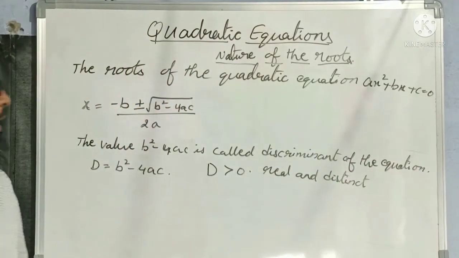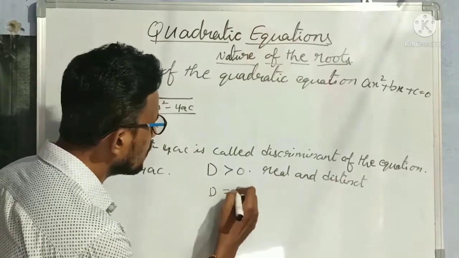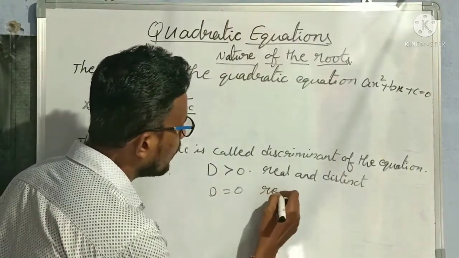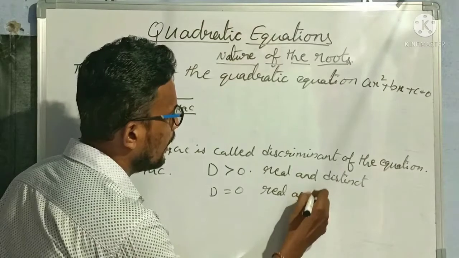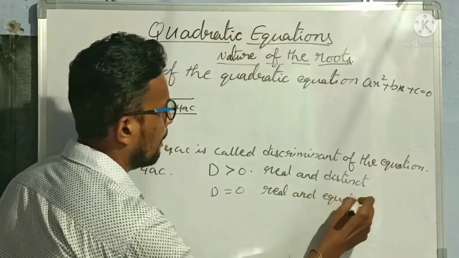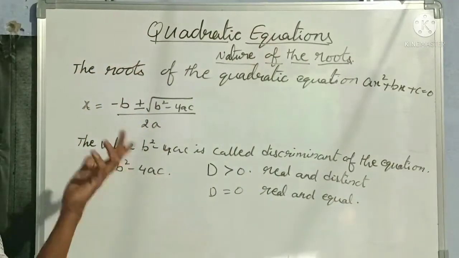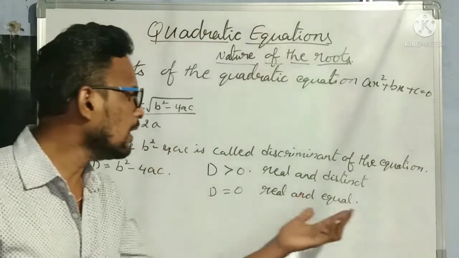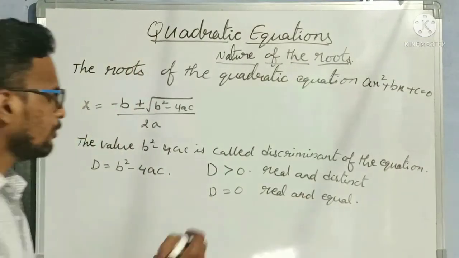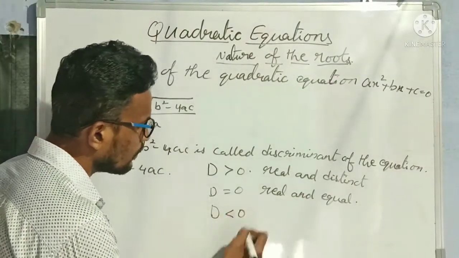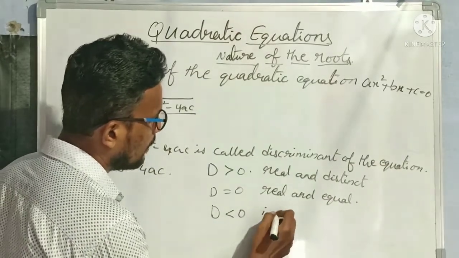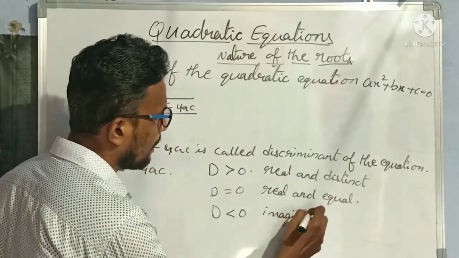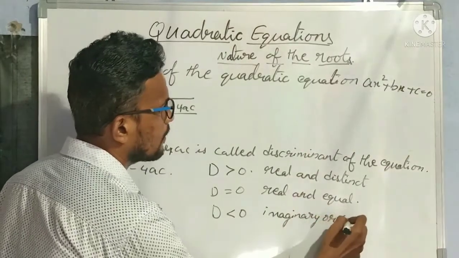Okay, if D is equal to 0, then the roots are real and equal. Okay, whatever the roots we are getting, those two are real and equal. And if D is less than 0, then the roots are imaginary or complex.